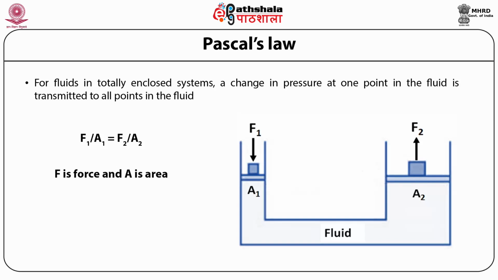Because of this force per unit area, a pressure is developed in the fluid. Because of Pascal's law, at every point inside the fluid, the pressure has to remain the same. That means at the other end, where there is a piston, the pressure gets transferred, and because pressure is force per unit area, you have a net force on the piston at that end, because of which the piston gets lifted up.